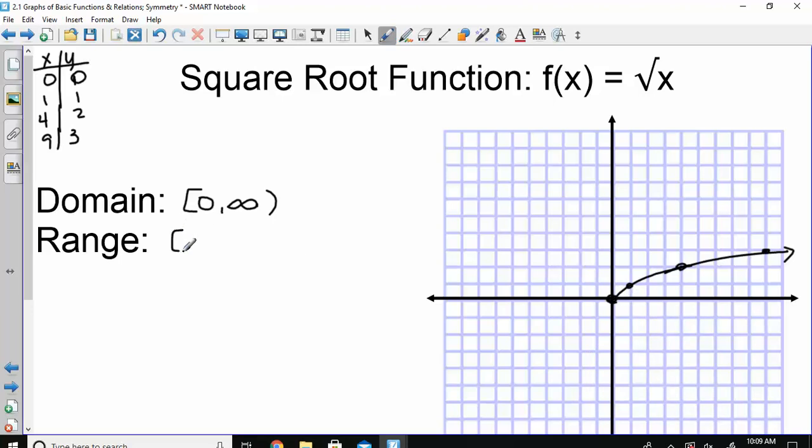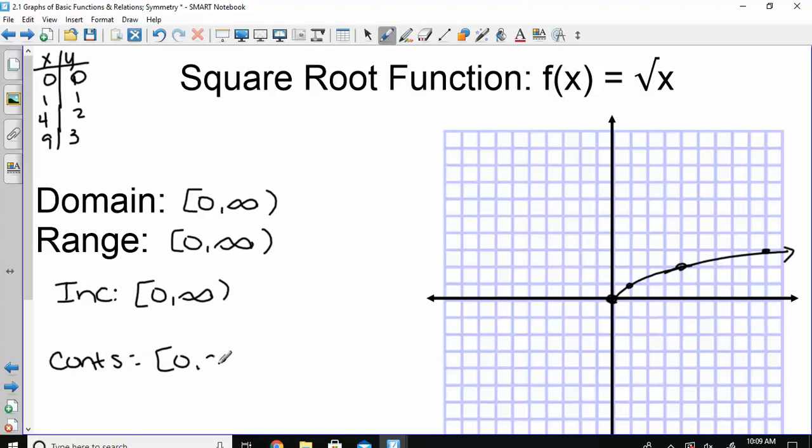So the lowest value we hit is 0, and it keeps going forever, so that would be to infinity. Increasing, decreasing, or constant? Increasing. It is rising. It's slowing down, but it's still rising, so it's increasing the entire time. Where is this continuous? Everywhere.